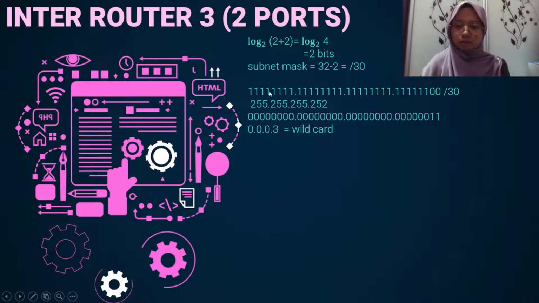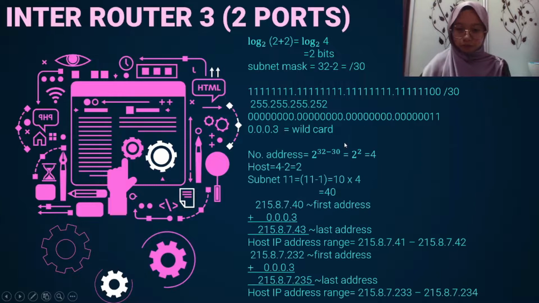And then this is the binary, and this is our CIDR, and the binary must change to decimal. We get 255.255.255.252, and then we change the 1s into 0s and 0s into 1s, and change back into decimal to get the wildcard.